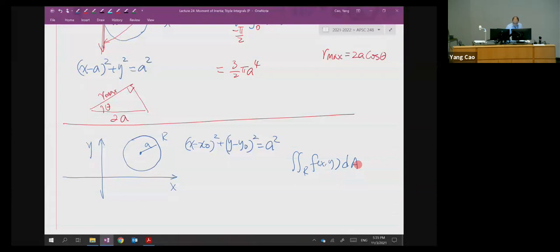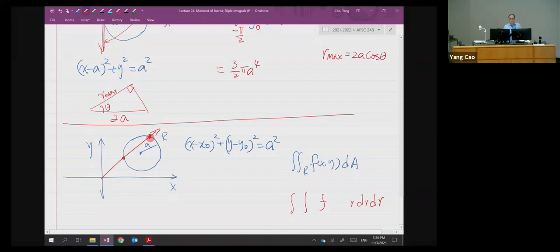Let's see if you see any problem here. So if I use polar, then whatever the function here, I need to find the limits for the R, right? So if I use my generic approach for finding R, I'm going to draw a reading line out of this origin and cross this region R. First contact, R min. Second contact, R max.